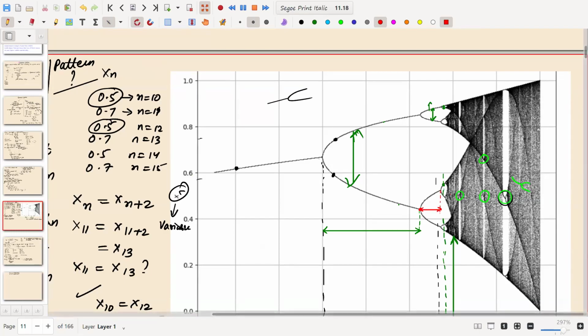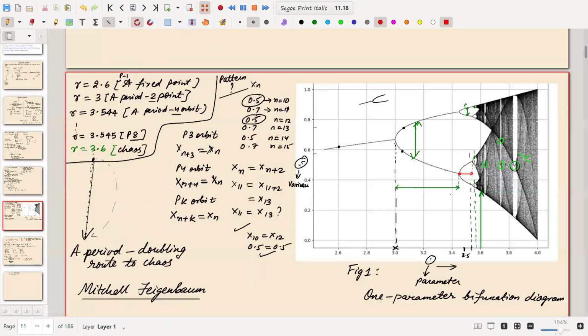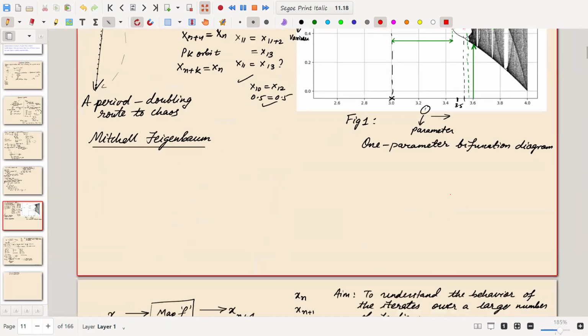Is there some pattern behind this? So he did a lot of analysis. Finding the points manually is very difficult, and due to that difficult part he discovered something fabulous. He discovered that indeed there is a pattern.